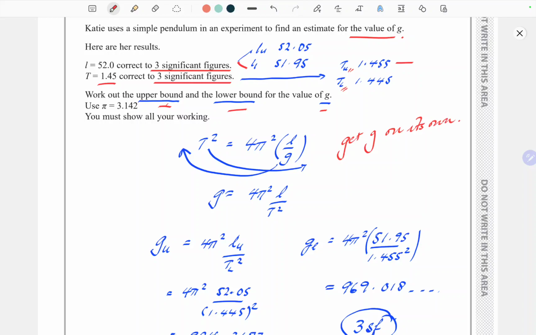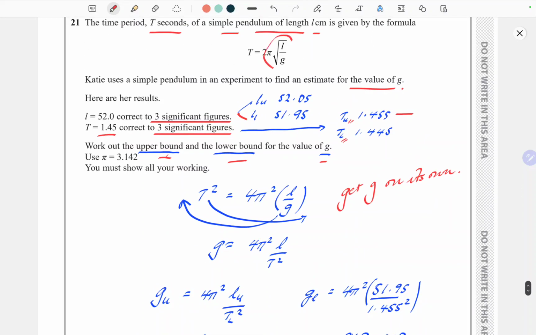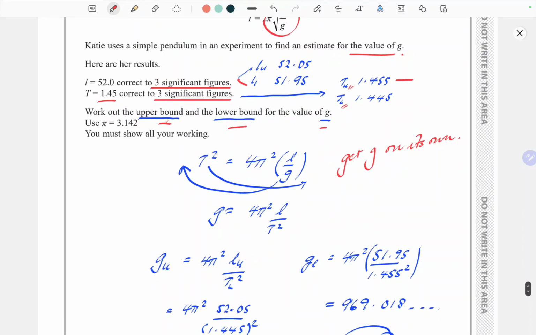And rearrange. So first square both sides. Remember we had a square root there. So square both sides, get rid of the square root, so you get T squared. And again, careful. You've got to square the 2 pi. It's not just 4 pi, it's 4 pi squared.